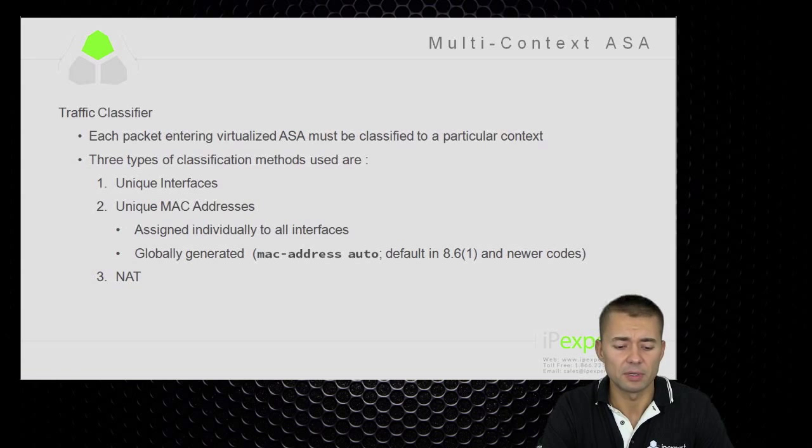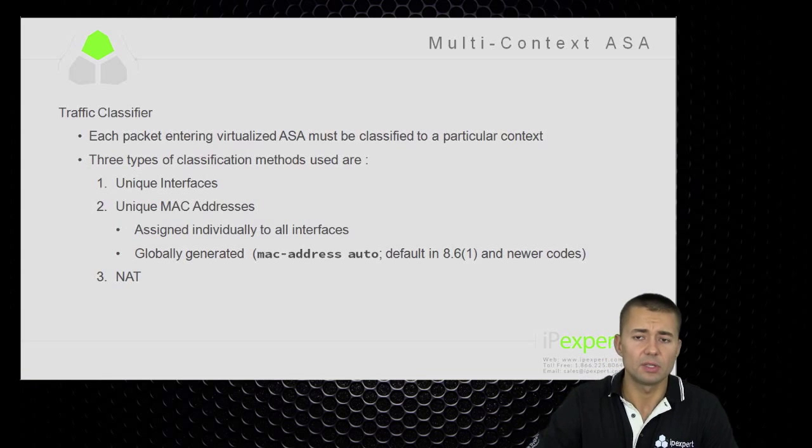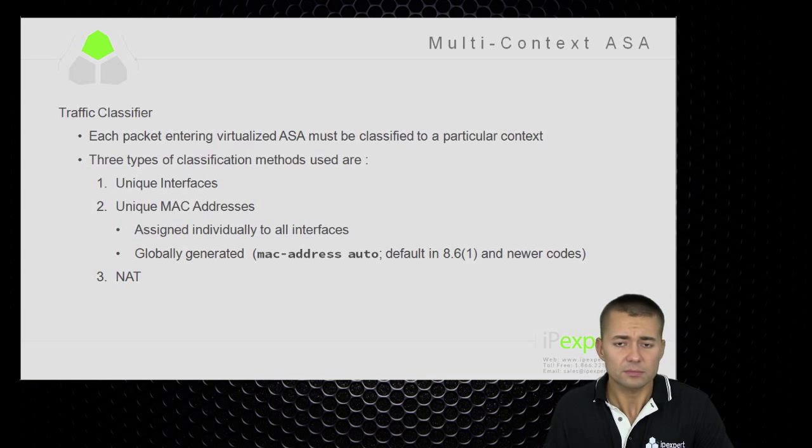And there is a problem related to classification whenever you're using shared interfaces, because this interface is going to be represented with a single MAC address in those contexts you have allocated it for. This is going to cause problems in the data plane.